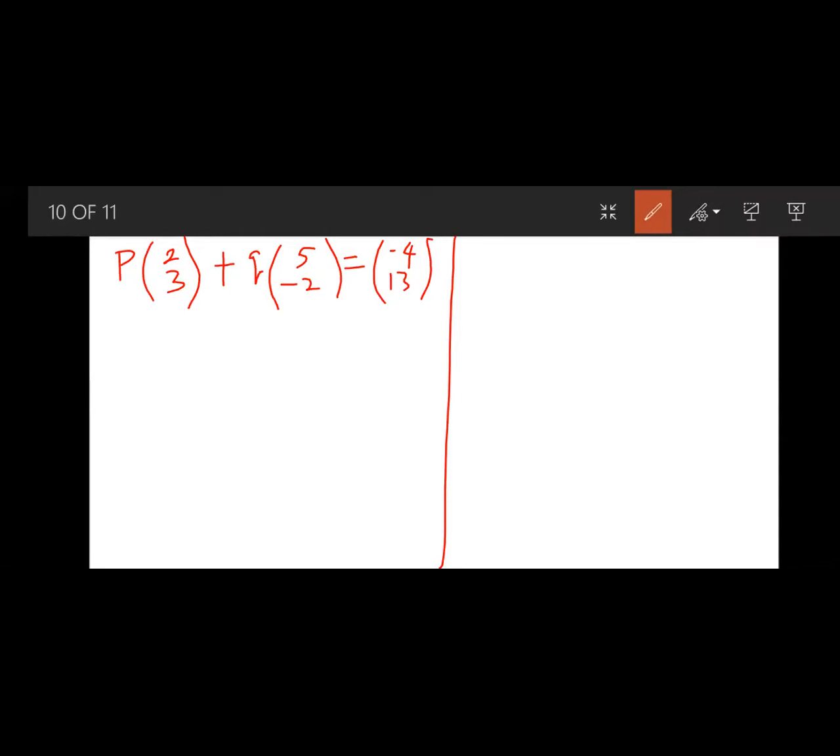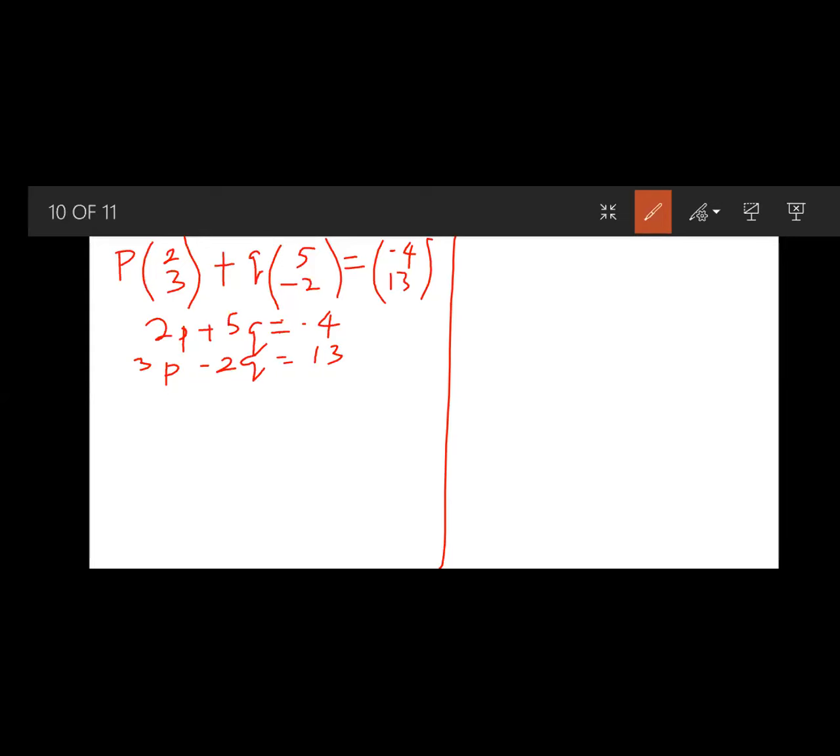So we are going to have 2P plus 5Q equals to minus 4. The second one, we have 3P minus 2Q equals to 13.